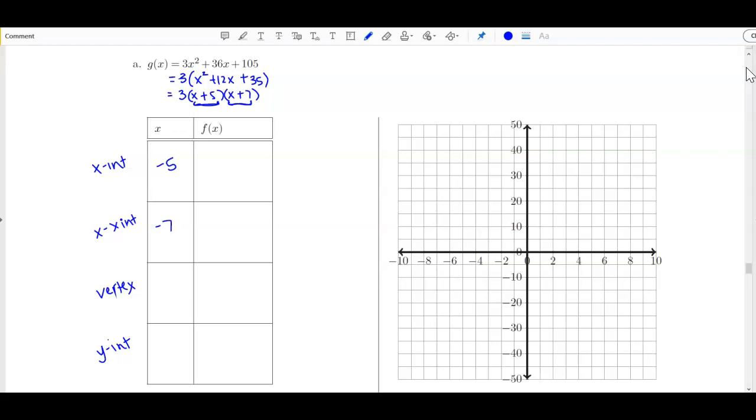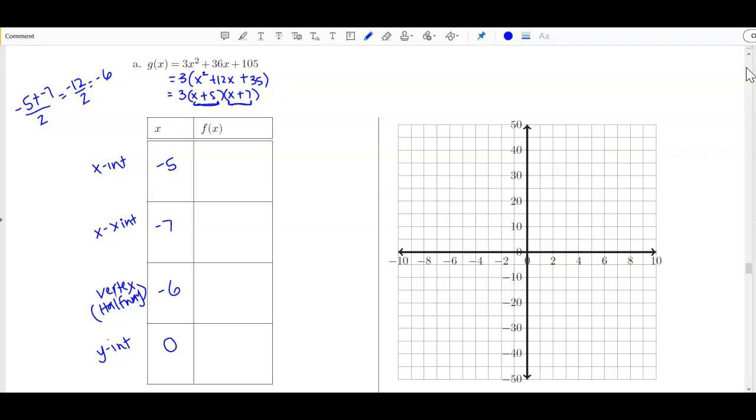Okay. To find the vertex, remember, I'm just going to write halfway. Hopefully you remember what I mean by that. Halfway between these two. So if I'm doing -5 plus -7, all divided by 2, well, that's -12 divided by 2, which is -6. And some of you probably could have done that in your head, because you're just trying to figure out what's smack dab in between -5 and -7. -6 would be there. And then to find the y-intercept, we're always choosing 0 to be our x.